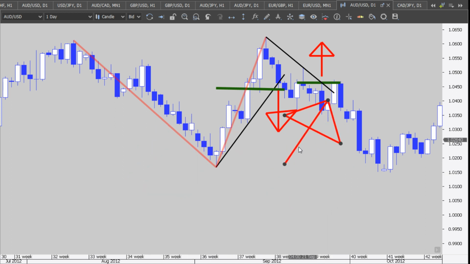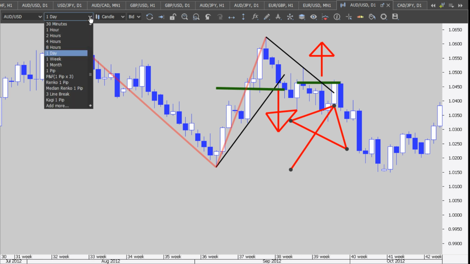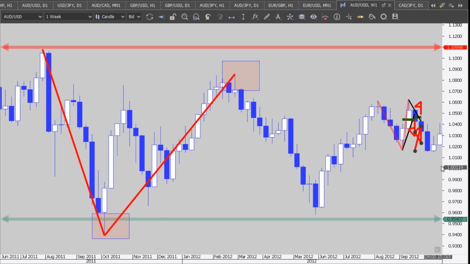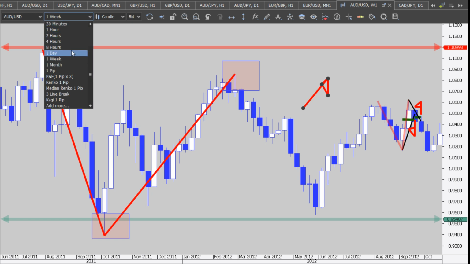But from the weekly, this was not the best place. You have more space, but between choosing to go short or to go long, we were approaching, everybody, the structure high.